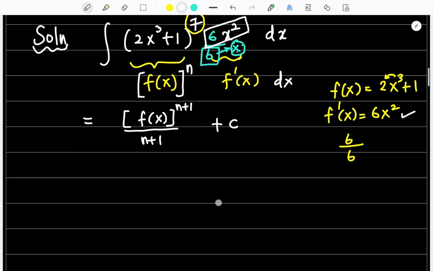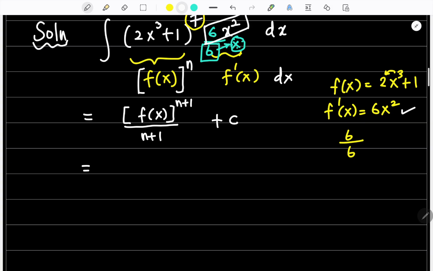Nothing wrong in that. So this equals, what is your f of x? Your f of x is 2x cube plus 1 to the power of 7 plus 1, which is 8, divided by 8. Again, I'll write it because it's the first time. So let me write 7 plus 1 divided by 7 plus 1 plus integrating constant c.